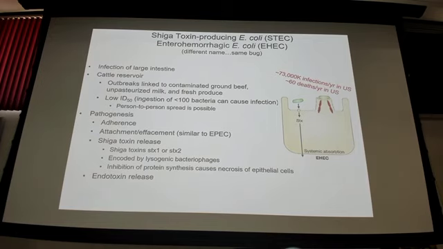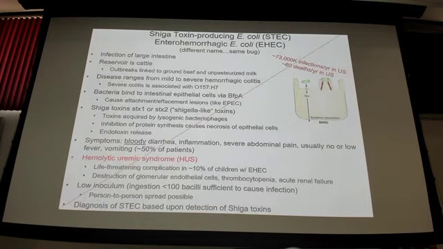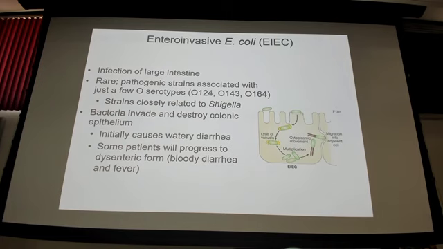Very low LD50. This too has the ability to destroy these cells and produce toxins, but it's not actually invading into the cells. So unlike EAIC, where the bacteria are getting into and invading the cells, it's not doing that.